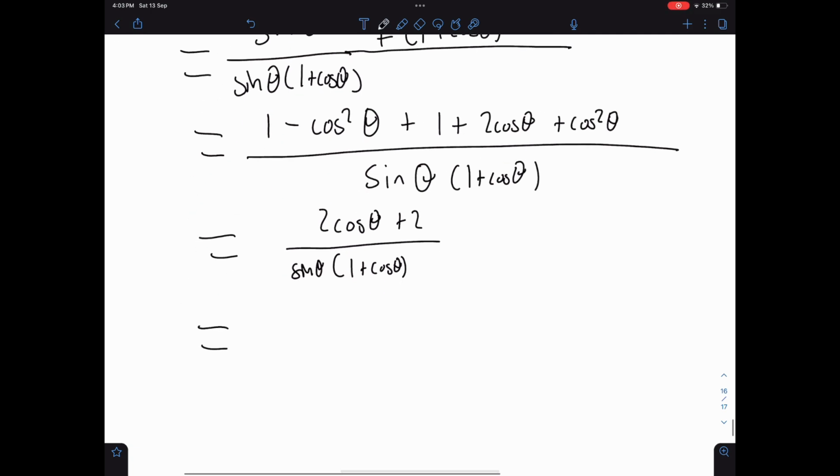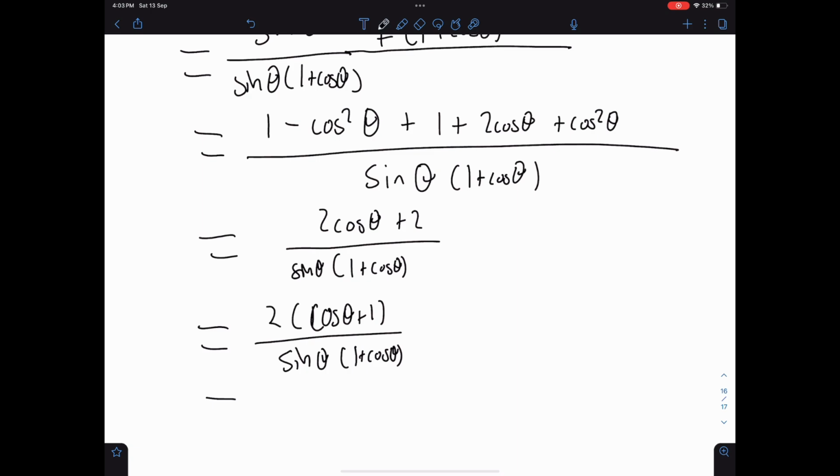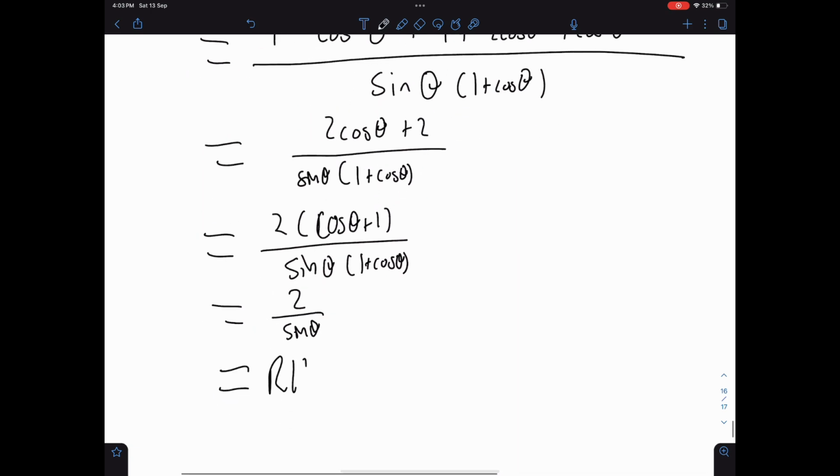We'll factorize, and that cancels. So we get 2 over sine theta, which equals the right hand side, QED.